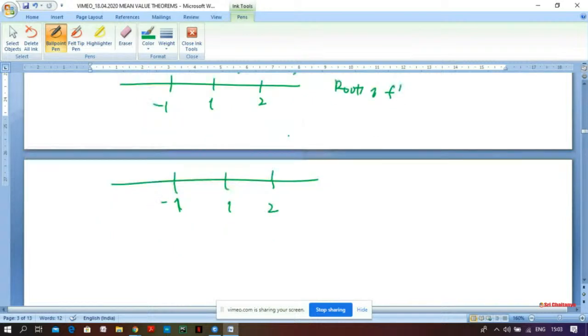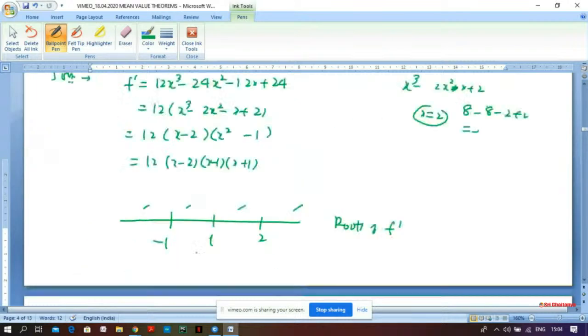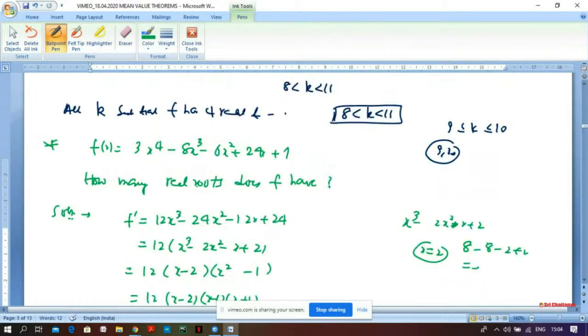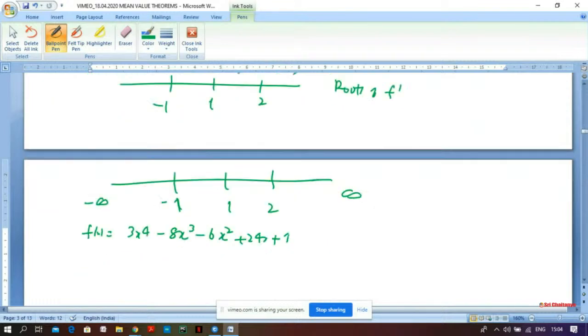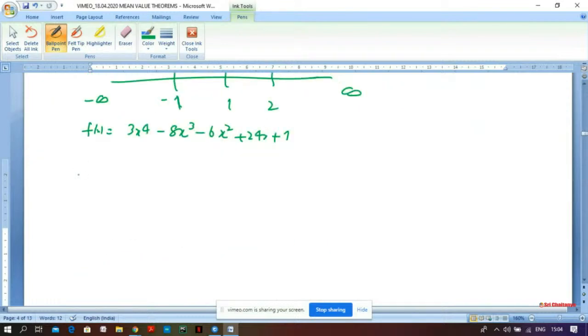So let's calculate the sign, and don't forget you have negative infinity and infinity, which you cannot see. Now f of x was 3x to the power 4 minus 8x cube minus 6x square plus 24x plus 1. Let us check: yes, it is. Now I want the sign of it.